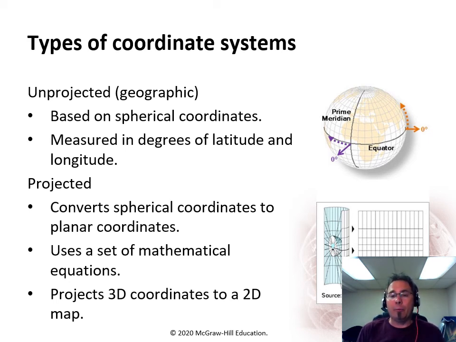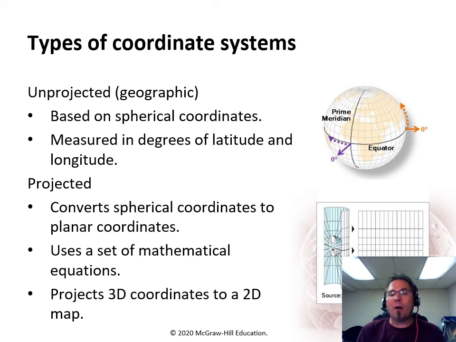Remember that. That's based on spherical coordinates. It's an angle from the center of the Earth, like I just mentioned. We're at about 43 degrees north and about 87 degrees west. So that's how that's measured on a round ball.